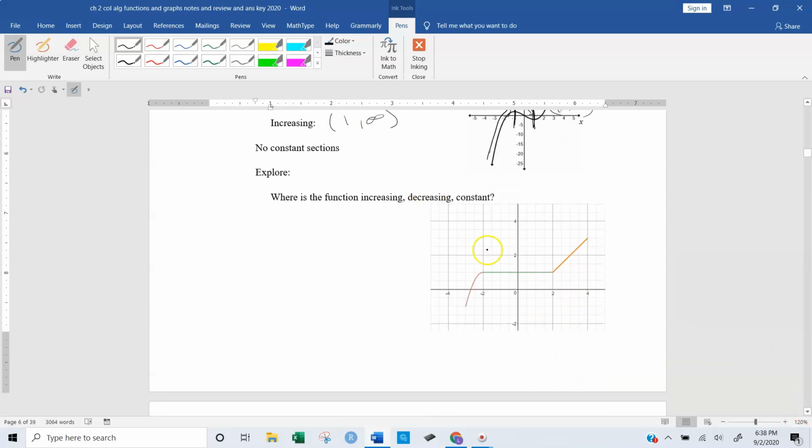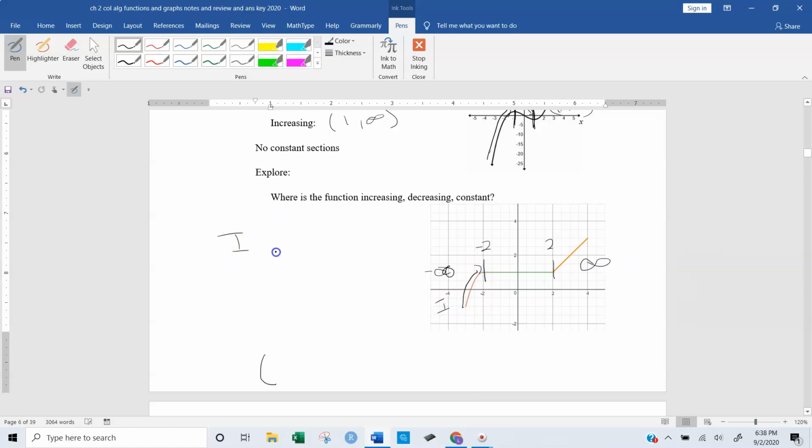Okay, your sections are from negative infinity to negative 2, negative 2 to positive 2, then positive 2 to positive infinity. So now let's see what they were doing. From negative infinity to negative 2, it is going up, so it is increasing.